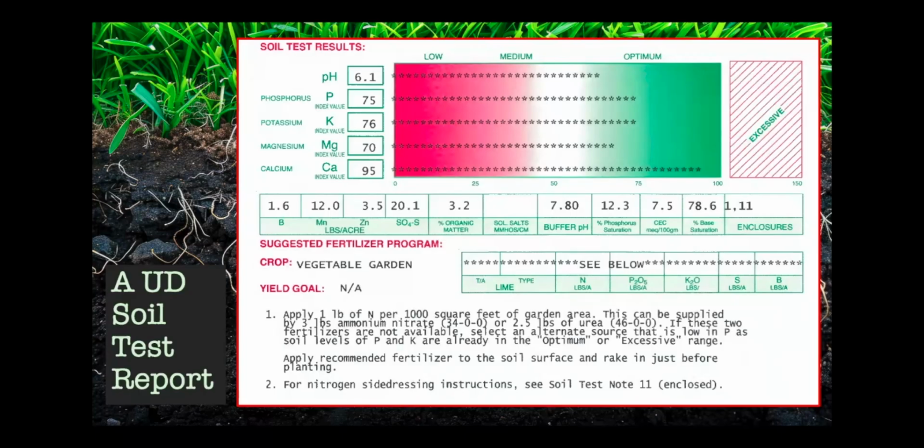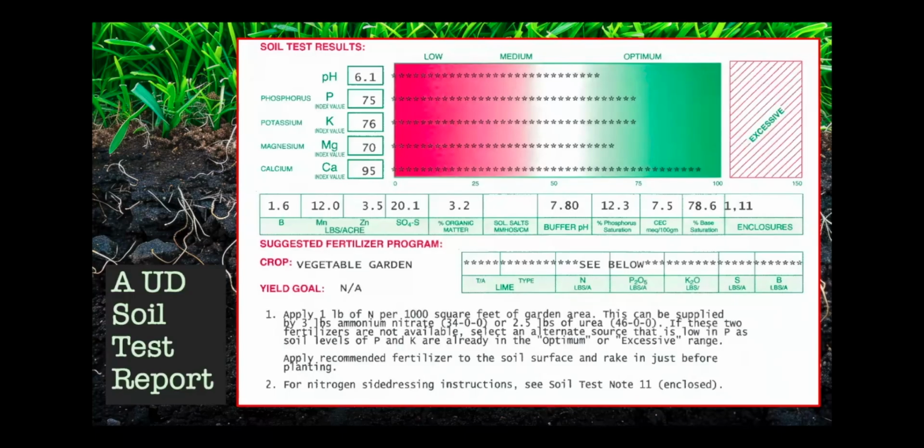That's going to tell you, if you look at this one, my calcium was way up there in optimum. My pH might be showing a little low, but I'm going to tell you something about that in a second. The rest of them look pretty good. The problem is sometimes you get excessive.